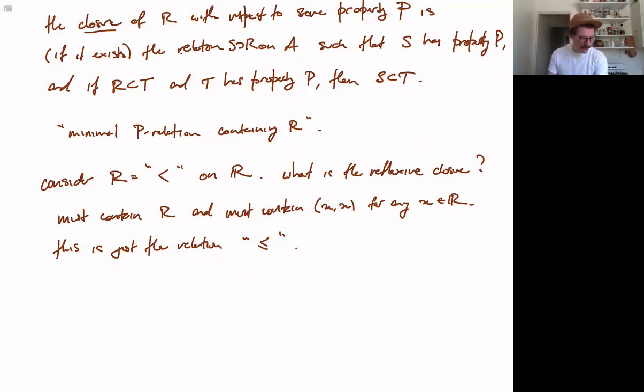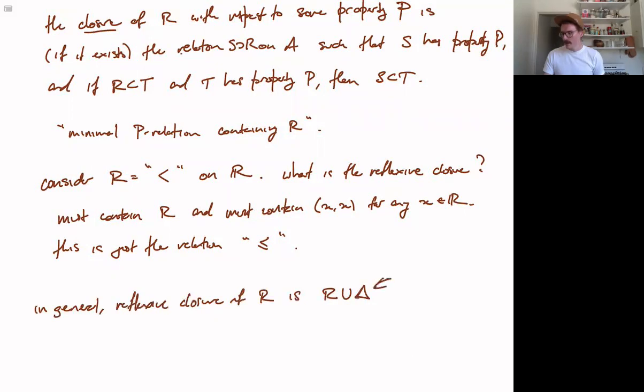And one way to formalize this is the following. In general, the reflexive closure of R is R union the diagonal. So this is a Greek letter capital delta, for anyone who is not familiar.